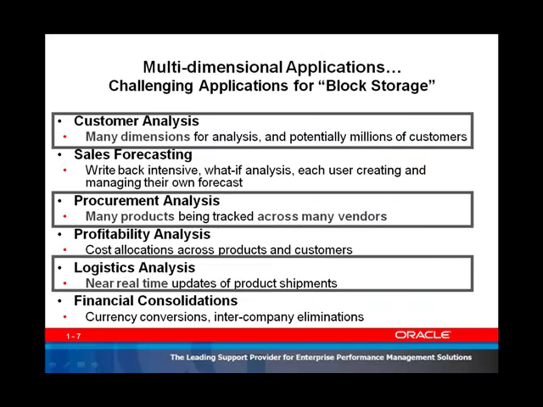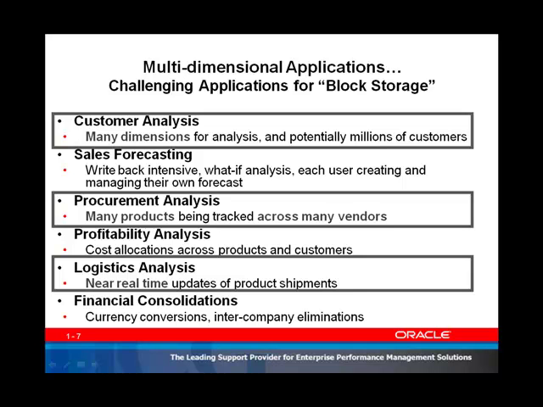There's a broad spectrum of analytic applications that companies implement across departments and divisions to manage your business performance. What you see here are some samples of the different types of applications and the different requirements that these applications have. Those in the boxes are types of applications that block storage had some problems with, which when ASO was introduced, it was designed to help make Essbase available for those types of applications.